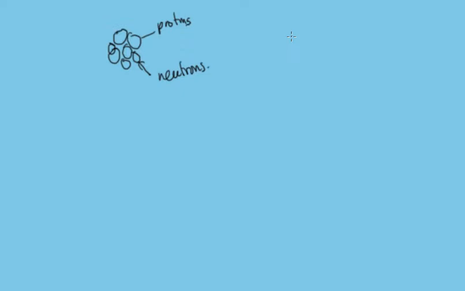Einstein was at the forefront of this investigation, and in 1905 he published a paper in which he launched his famous equation E equals mc squared.